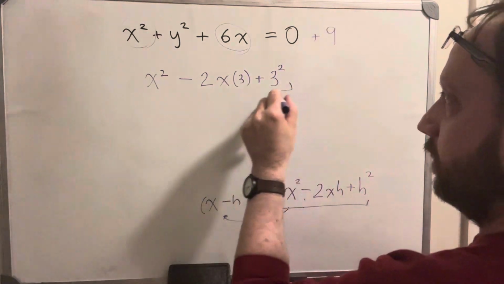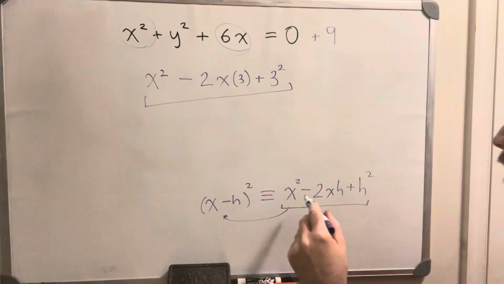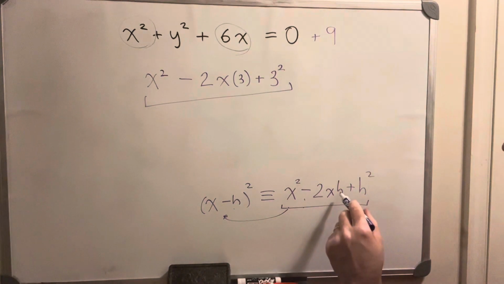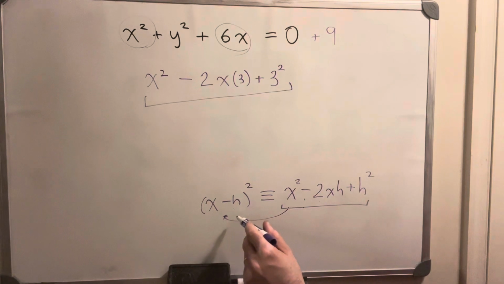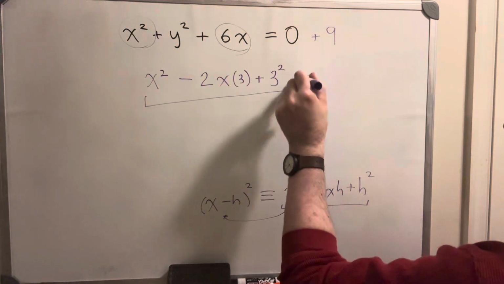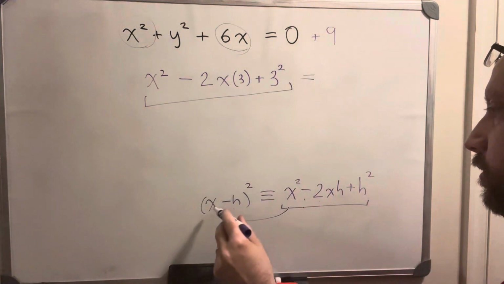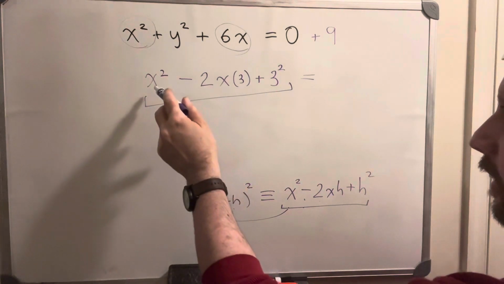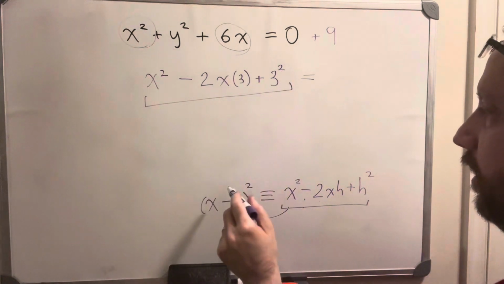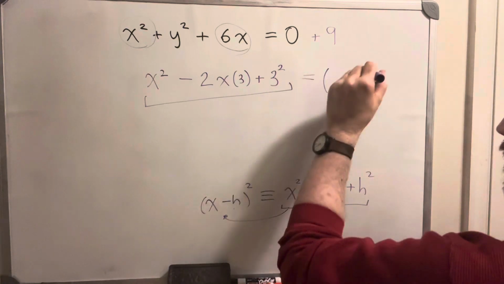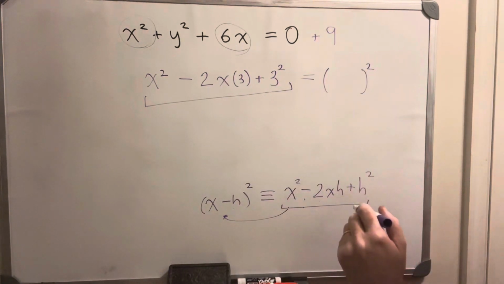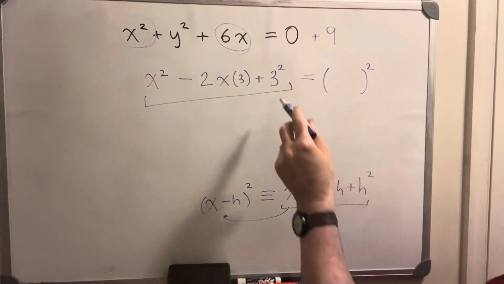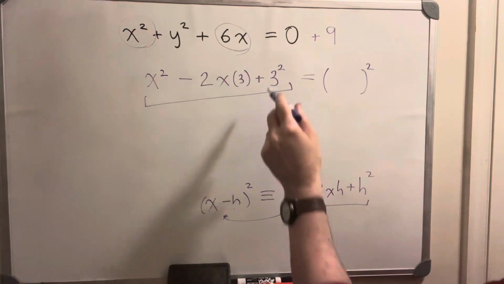But the good thing is, look at this. This is the form that we need to be able to convert it into this. So now the thing to do is see if you can figure out how to convert this, what the nice, more compact version is, now that we have figured out what h value.